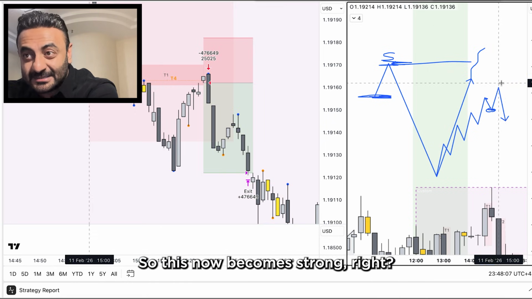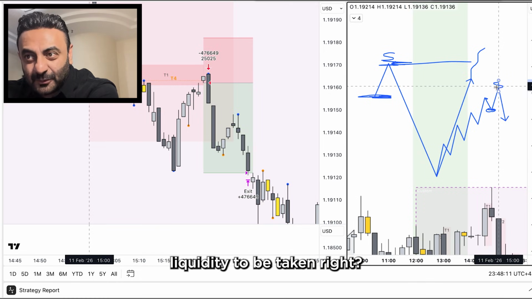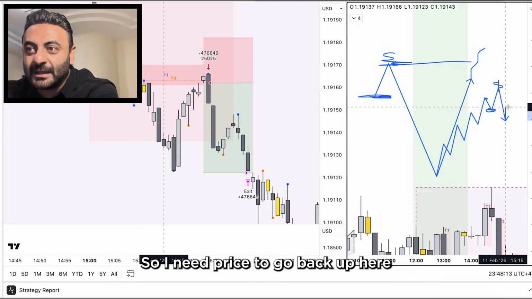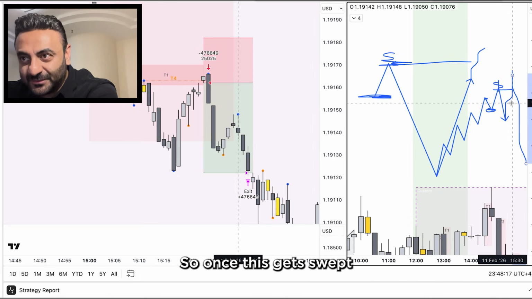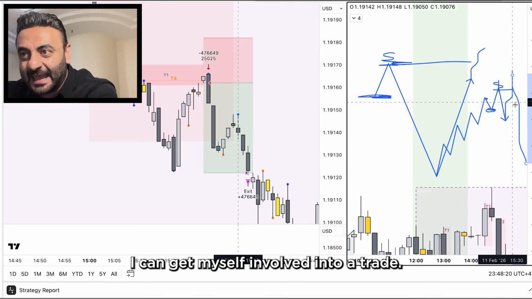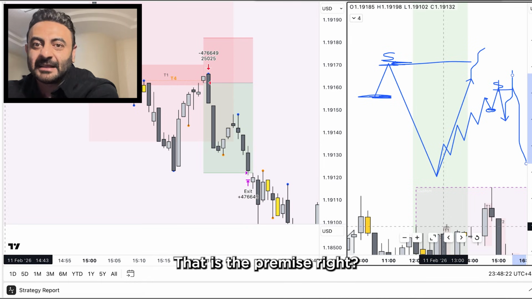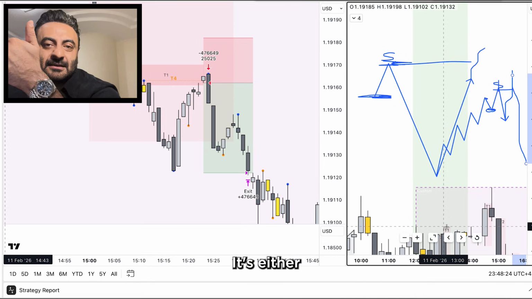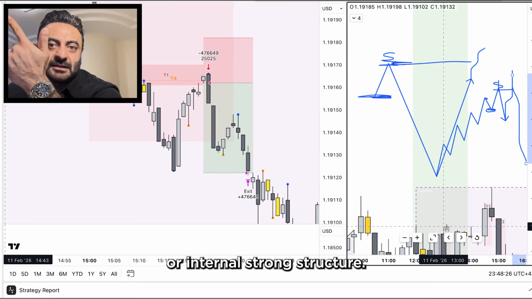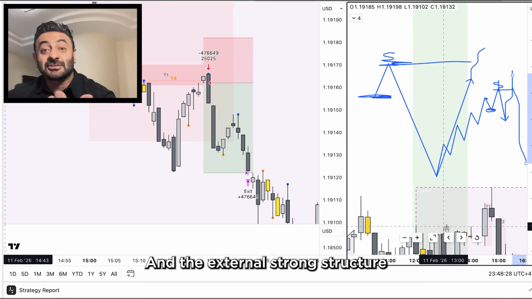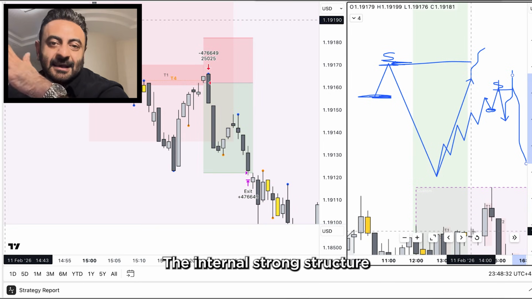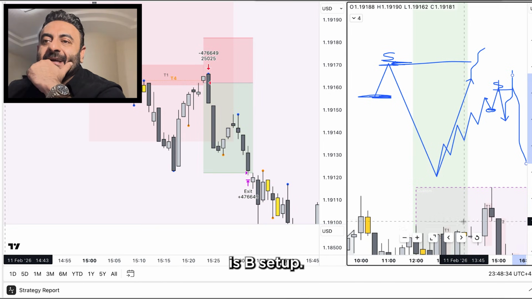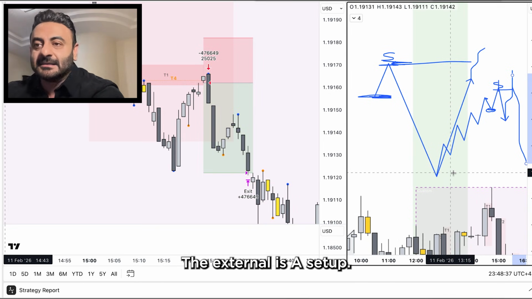So this now becomes strong, and I need this liquidity to be taken. I need price to go back up here, take this, and then go down. Once this gets swept, I can get myself involved in a trade. That is the premise. It's either external strong structure or internal strong structure, and the external strong structure always takes precedence. The internal strong structure is a B setup; the external is an A setup.